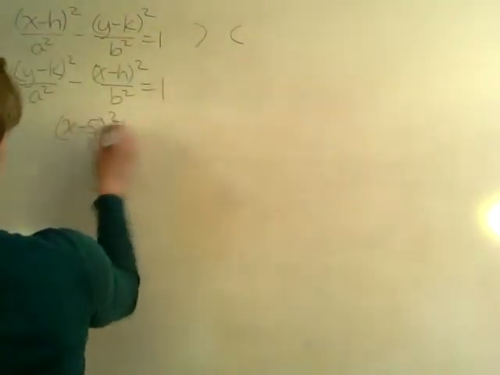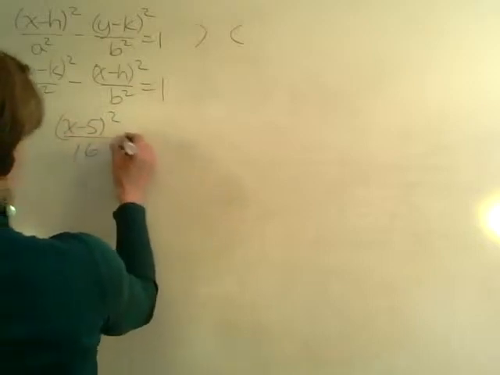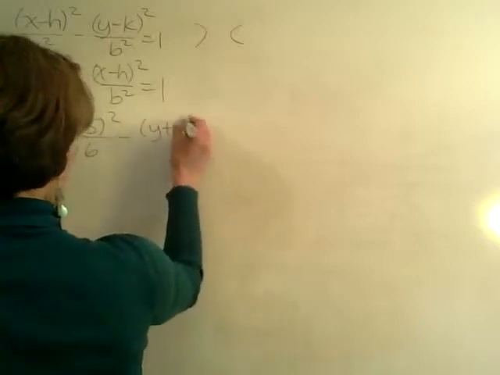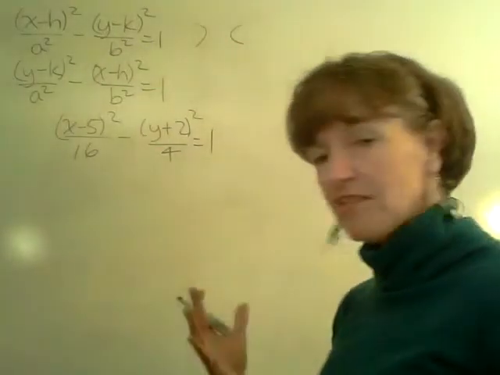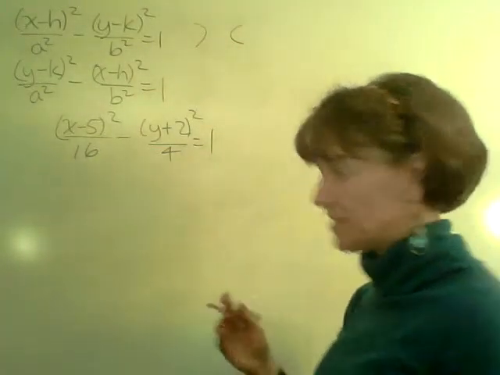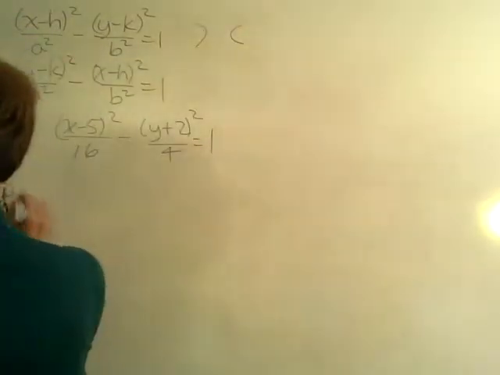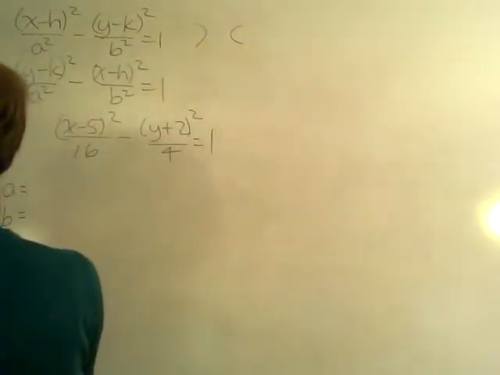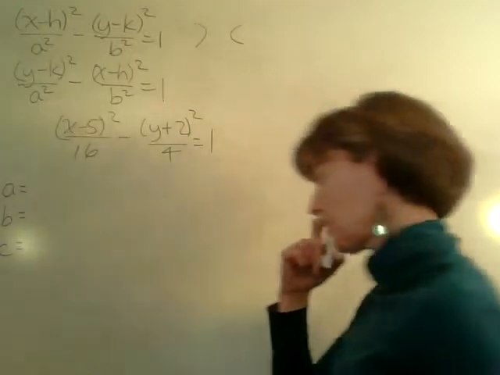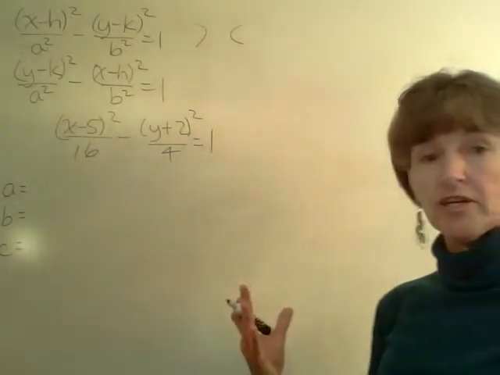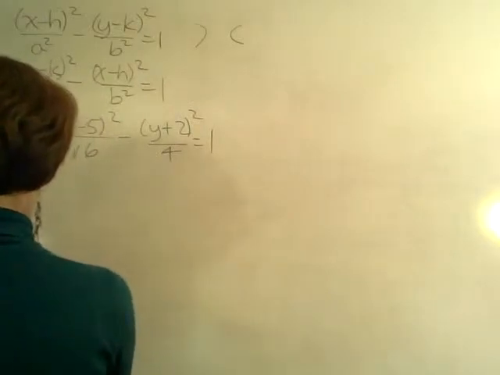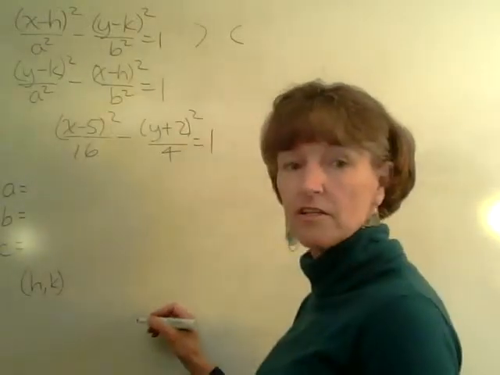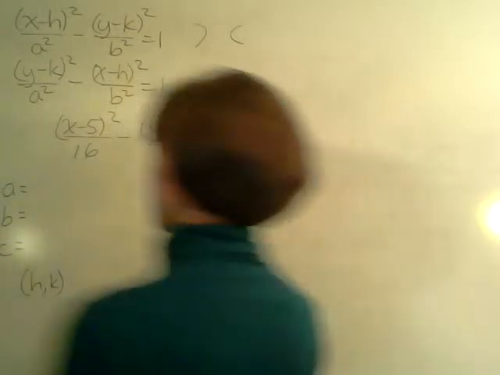So here's my example equation, (x minus 5) squared over 16 minus (y plus 2) squared over 4 equals 1. So just as in the ellipses, we want to find a, b, and c because they're going to help us understand this hyperbola. All right, well, first I'm going to start with h, k, the center. h, k is the center just as it is in the circle and in the ellipses.